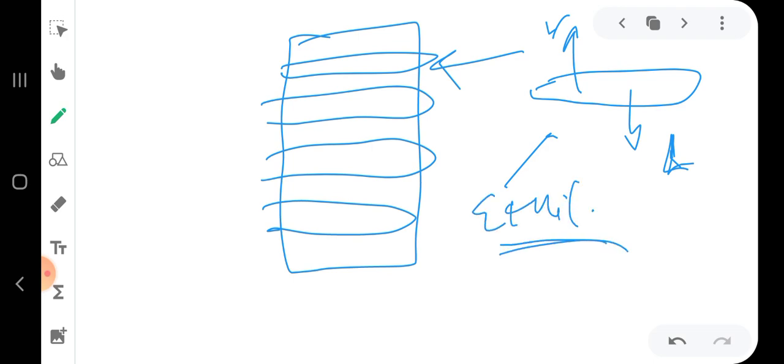Equilibrium is the final state where each of the light and heavy components knows its position, whether in the vapor phase or in the liquid phase. So it is like a static state where you don't have any tendency to disturb it, so the composition will remain constant.